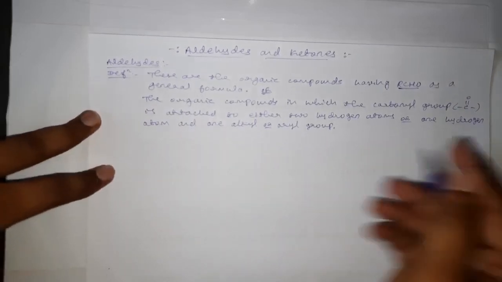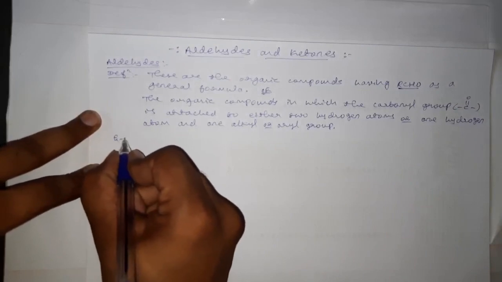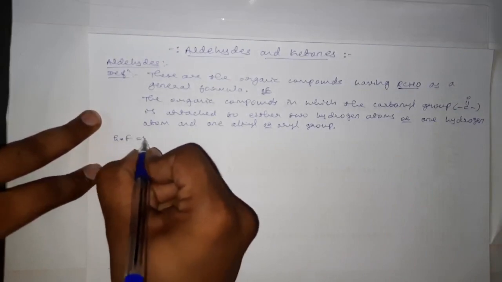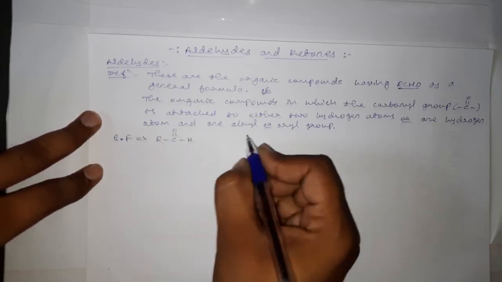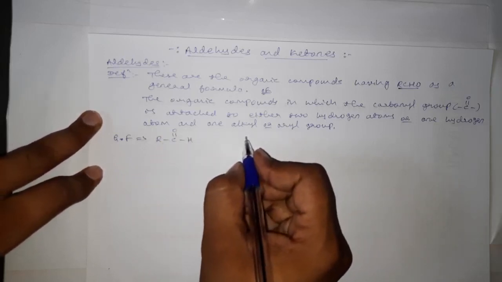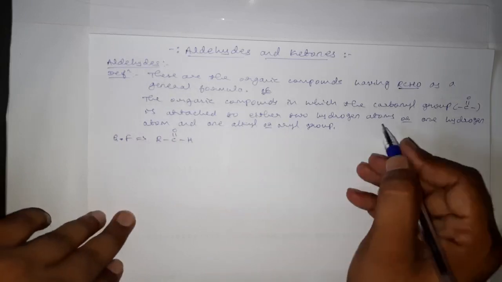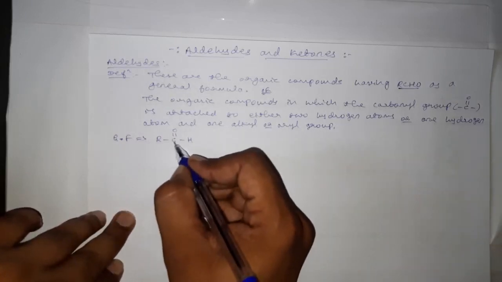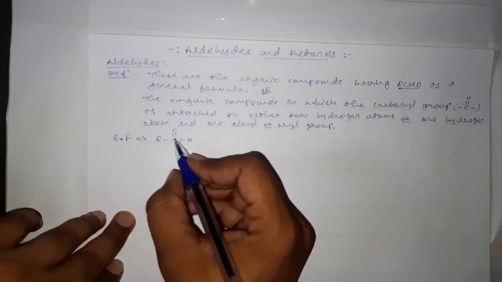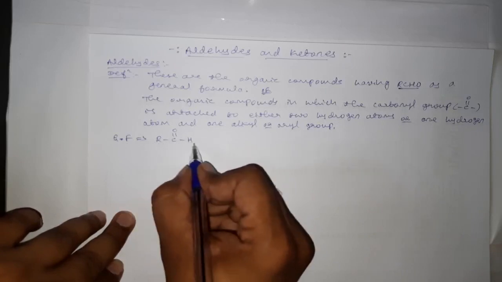Okay. See, the general formula for aldehydes is R C double bond O H. Correct? And according to the second definition, the carbonyl group, that is C double bond O group, may attach to either two hydrogen atoms.